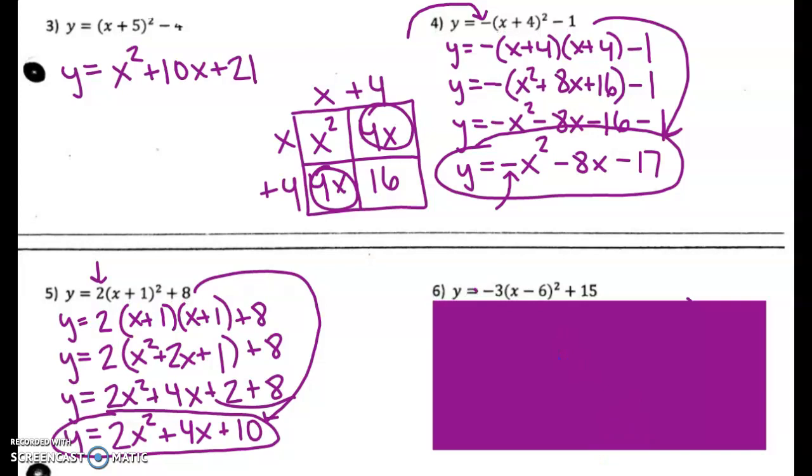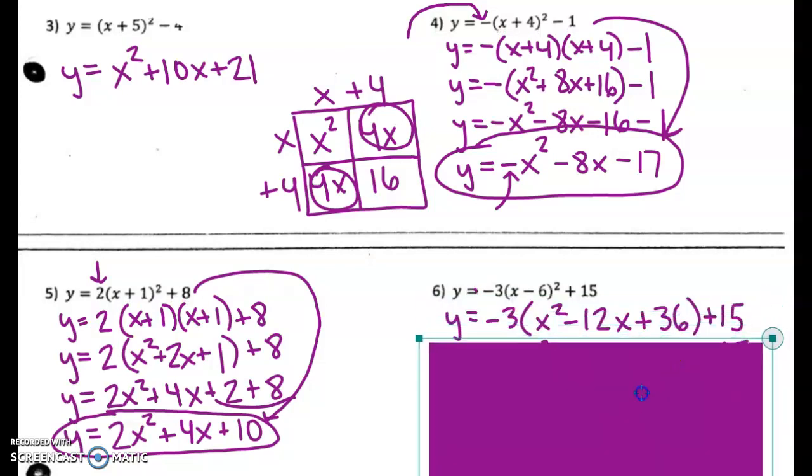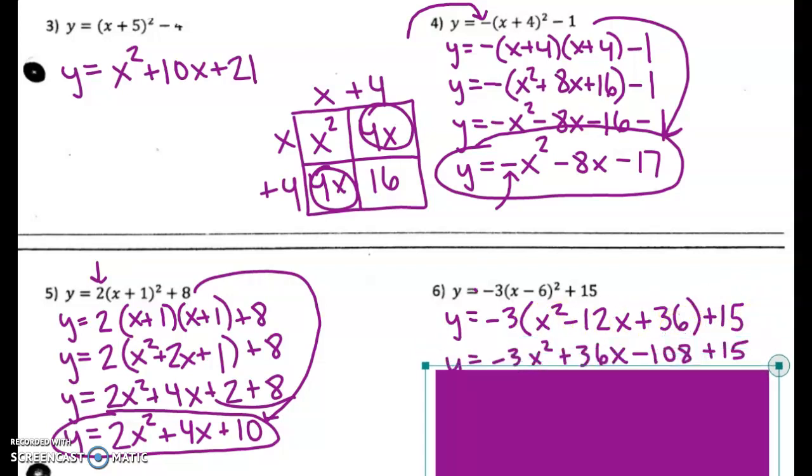So the first step I got is I multiplied out this binomial x minus 6. So I got y equals negative 3 parentheses x squared minus 12x plus 36, close parentheses, plus 15. So that one you got to be very careful of your signs.